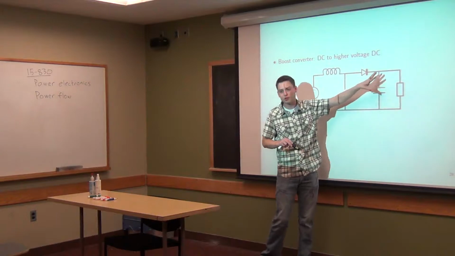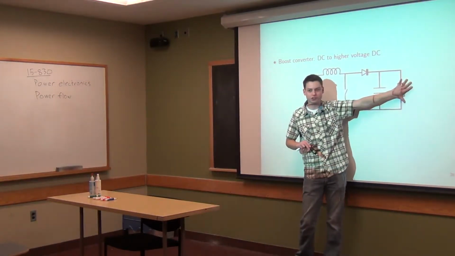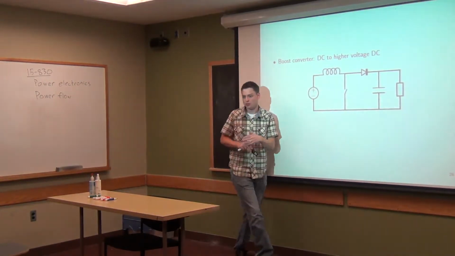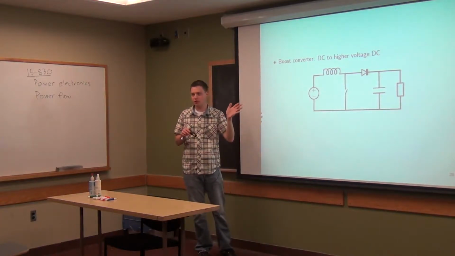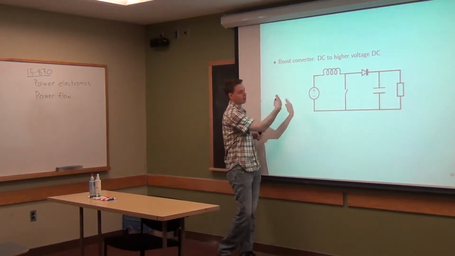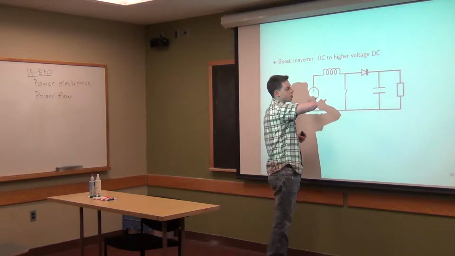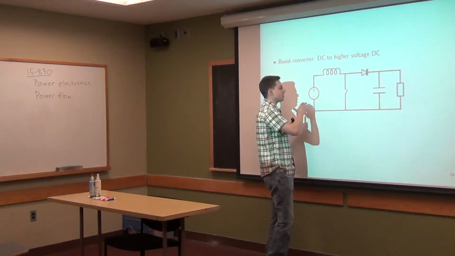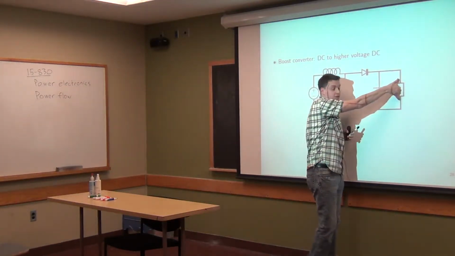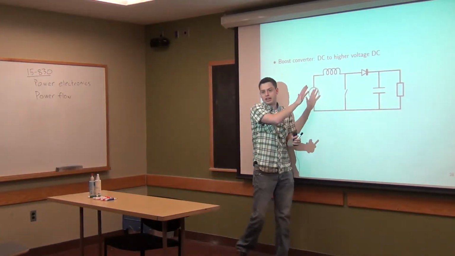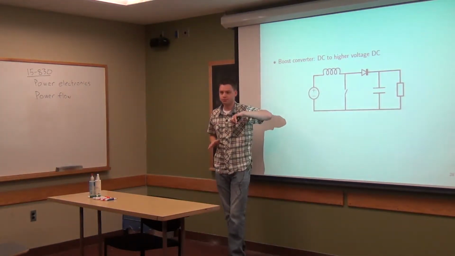In practice, you will just burn this thing out if you left it always closed. But by toggling these things on and off, you can interpolate again between theoretically infinite voltage here and the voltage of the source itself.